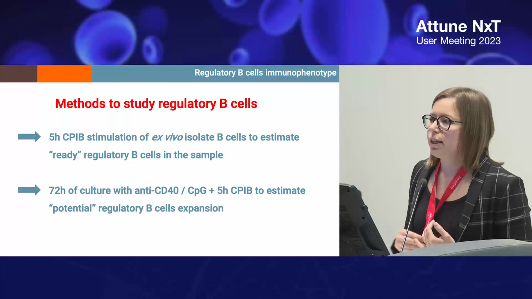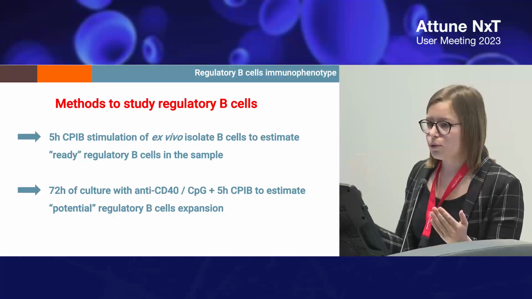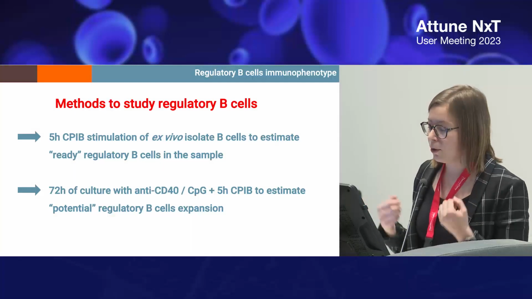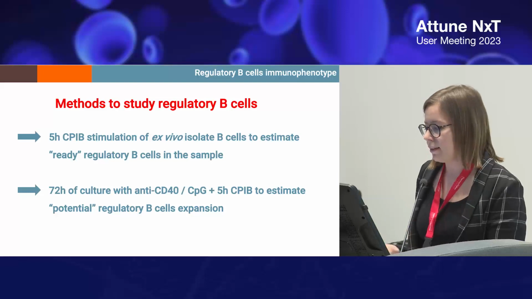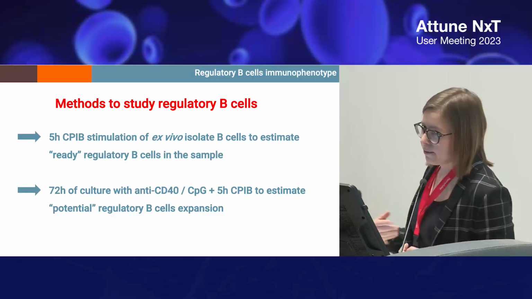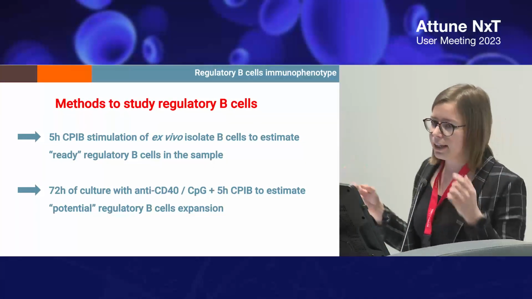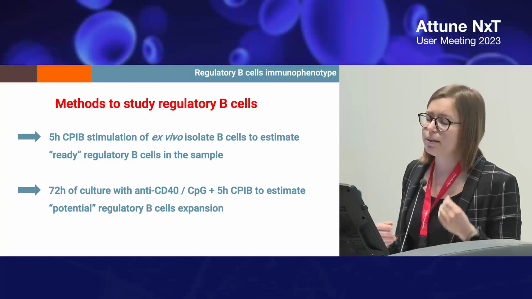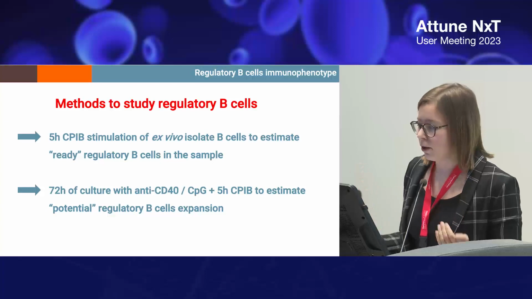Instead, if you want to see the potential of your patients to produce regulatory B cells, you have to take your cells, stimulate them for at least 72 hours with anti-CD40 or CpG in some cases, then add the 5 hours of CpG, PMA, ionomycin, and then you have the estimation of the potential regulatory B cell production of the cells that belong to your sample.